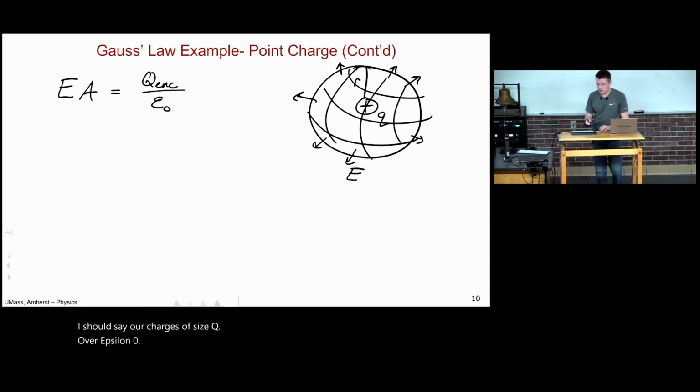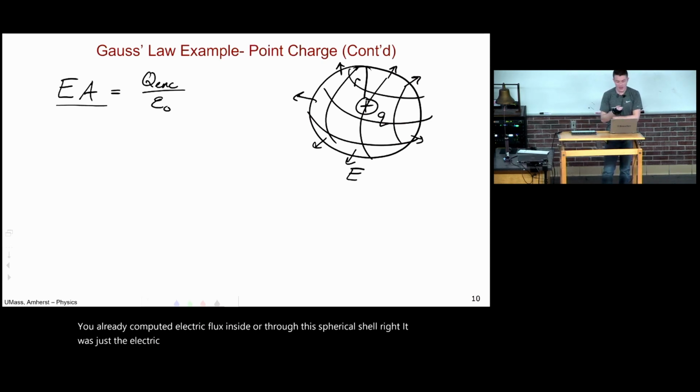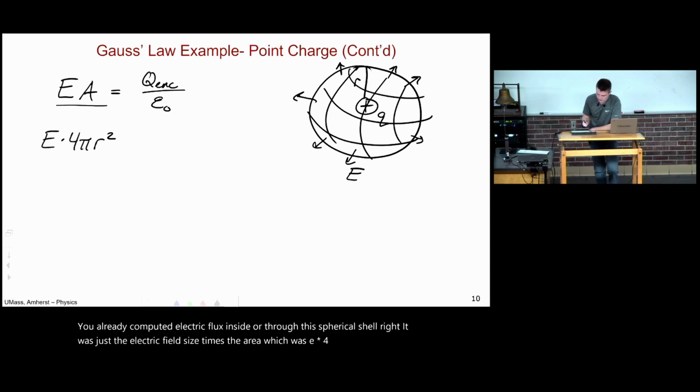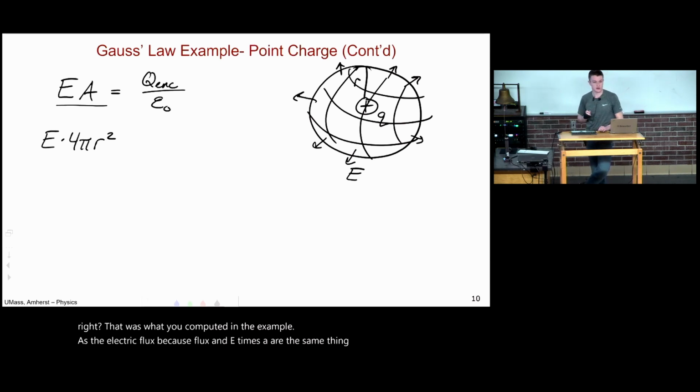You already computed the electric flux through this spherical shell. It was just the electric field size times the area, which was E times 4 pi r squared, because flux and E times A are the same thing when E is perpendicular to the surface.